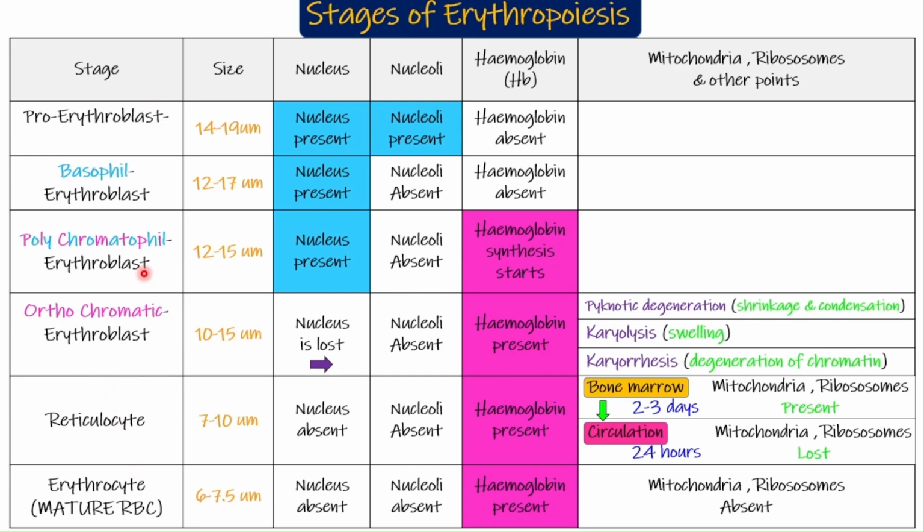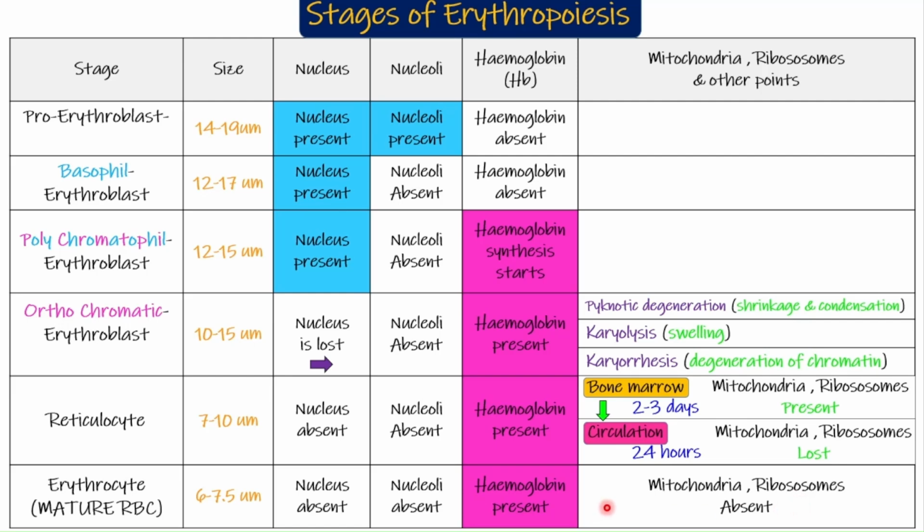Now, if we look at the characteristics of a mature red blood cell, the erythrocyte, we come to know that first, the mature red blood cell has hemoglobin in it. Second, the mature RBC does not have a nucleus. Third, the mature RBC also doesn't have mitochondria and ribosomes.